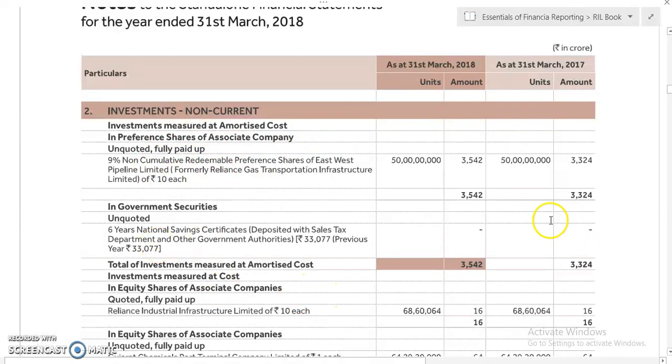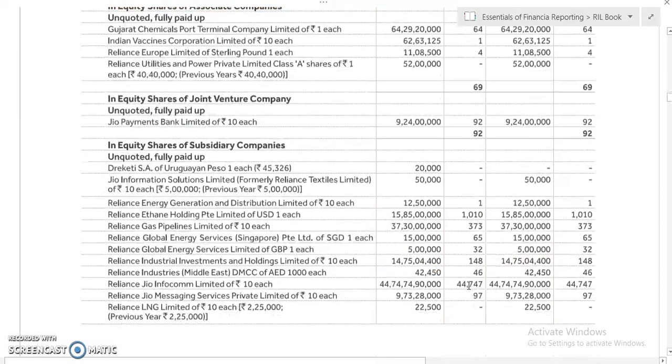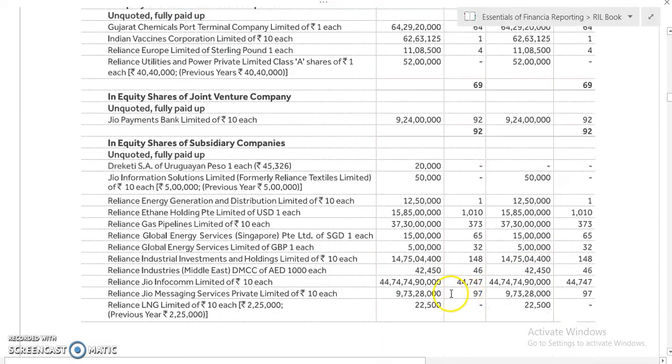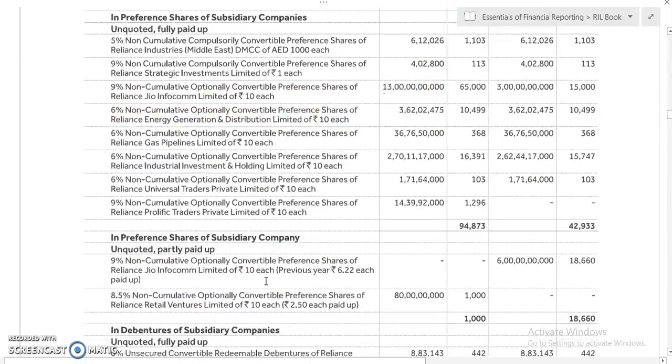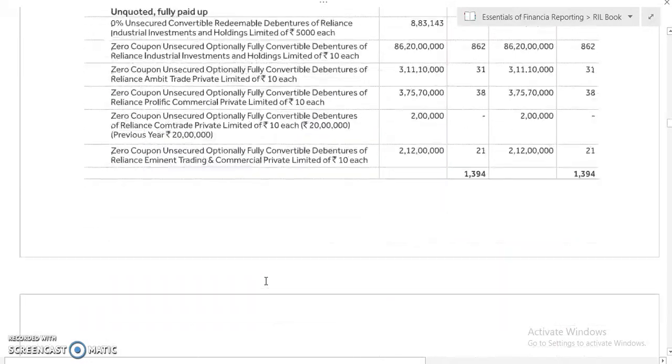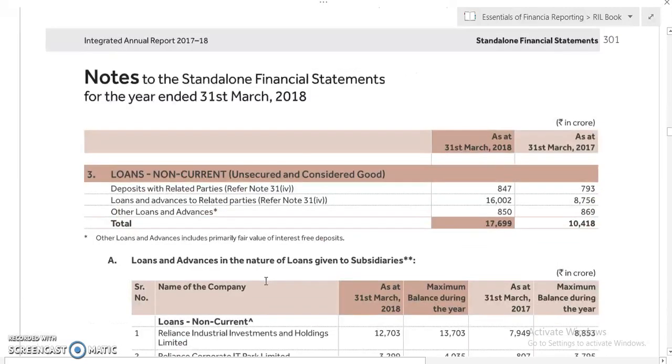In government securities, there is some money here, 3,500 and nil. And then they have some other investments here. Most of the investments are in their own Reliance Jio Infocomm, which is their own subsidiary company. So most of the investments are in their own companies. They are not investing in other companies, or they have bought preference shares from others.